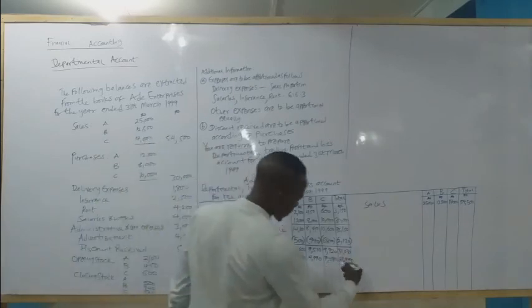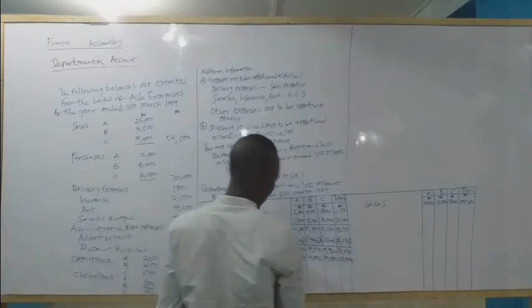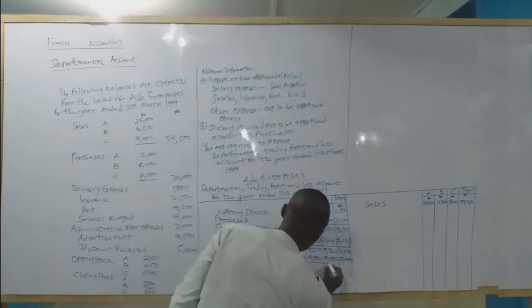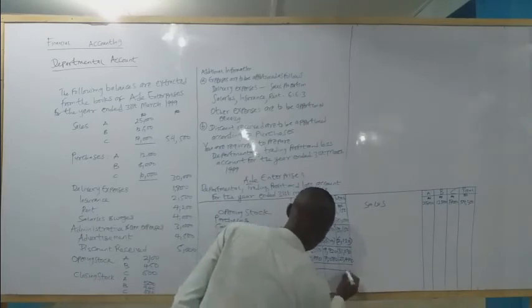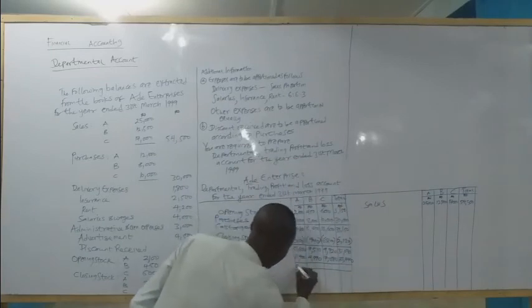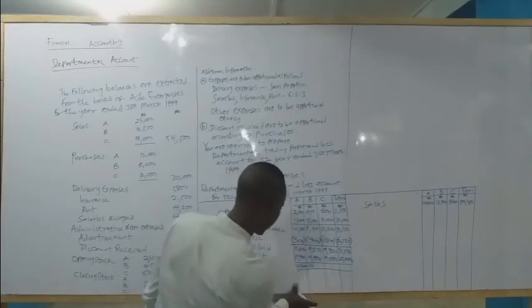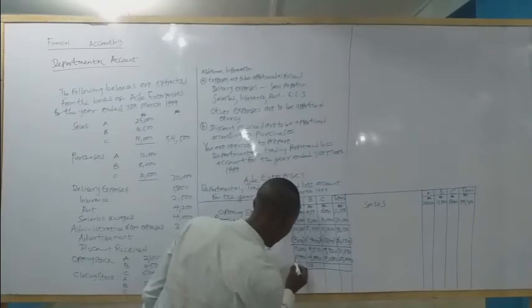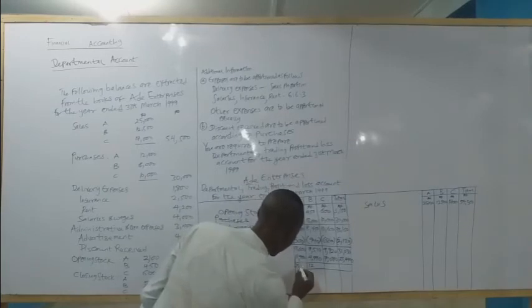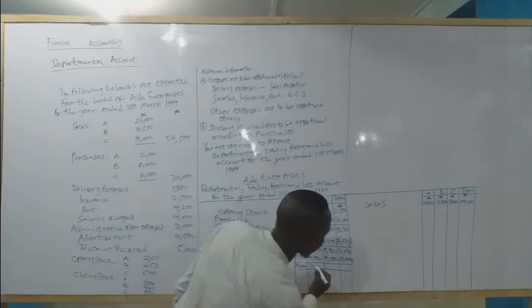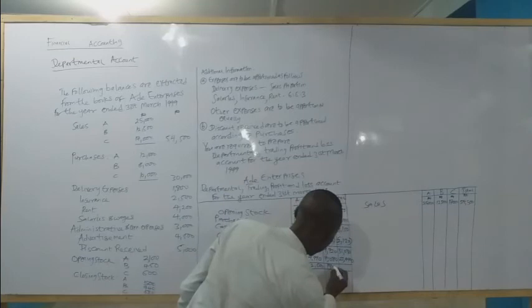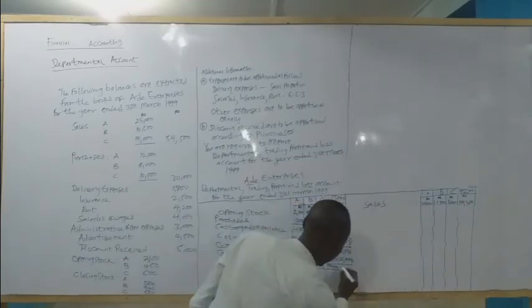We take it to our what? How about total? 25,000, 12,500, 17,000, and then what? 54,500.